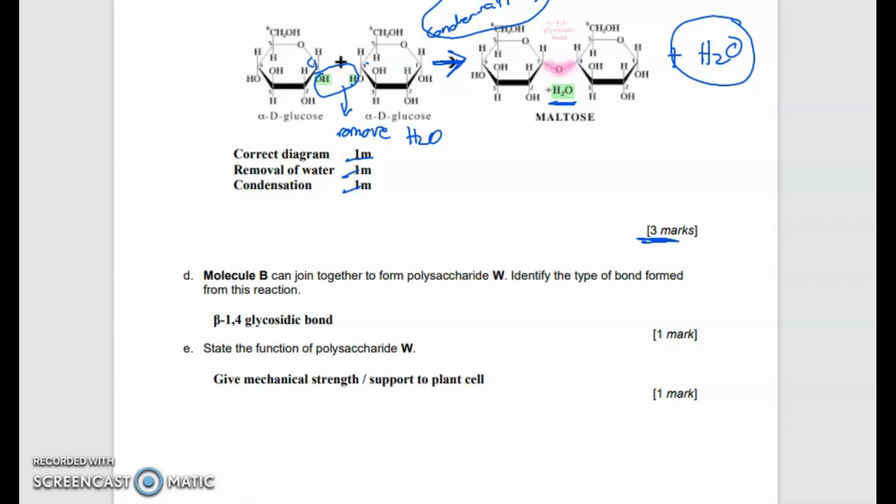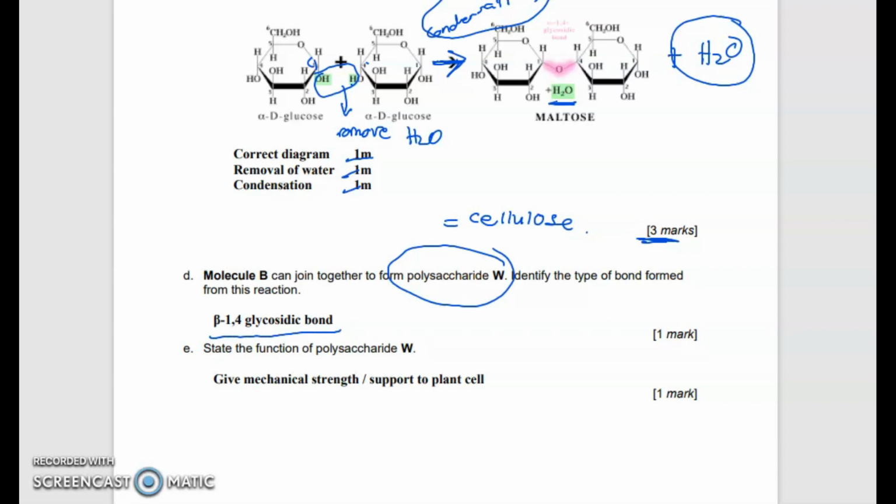What is it, if you remember? So this polysaccharide W is referred to cellulose. Okay, so if it is cellulose, then what bond can be found? Of course, beta 1,4 glycosidic bond.